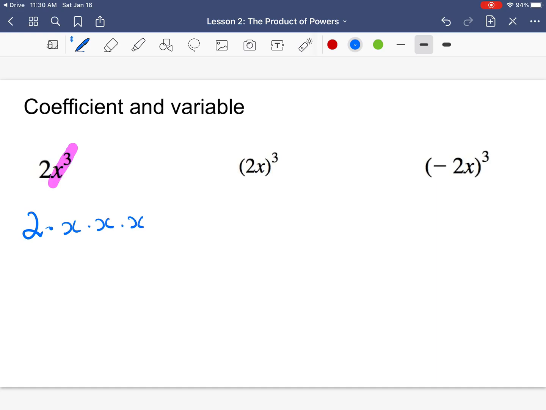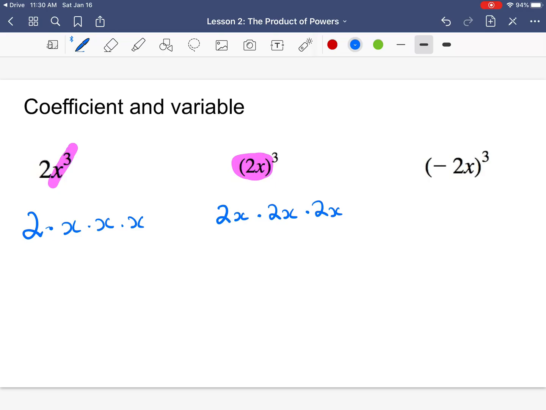Now in the second example, the exponent applies to what is immediately to the left of it, which is a term in parentheses. So here we have 2x times 2x times 2x, because the 2x is in parentheses.